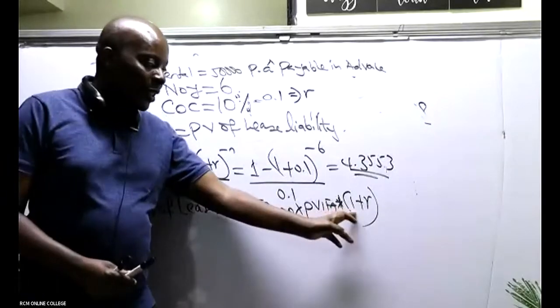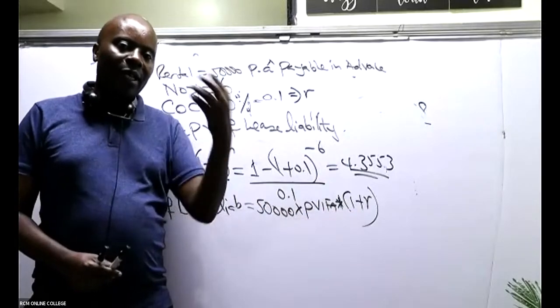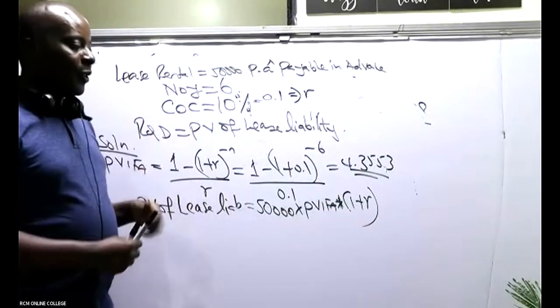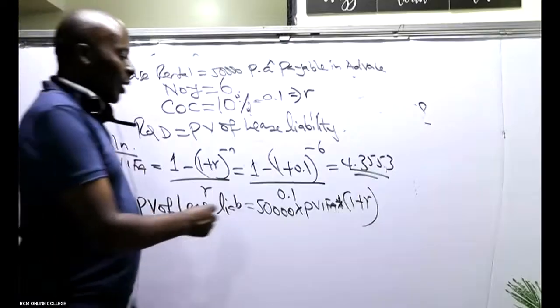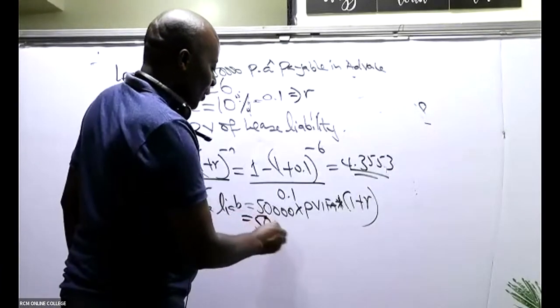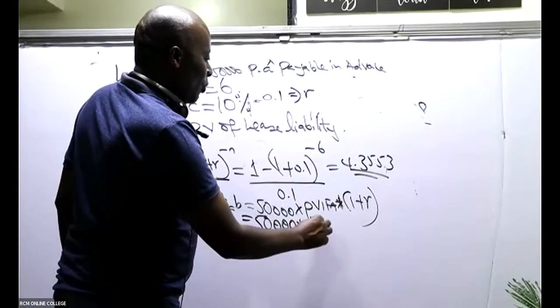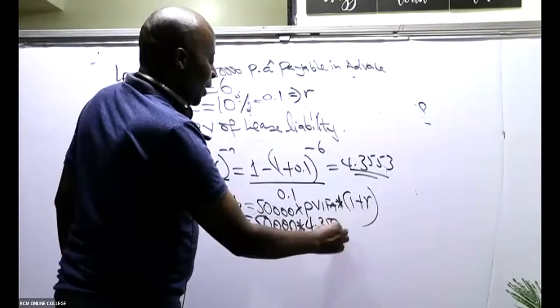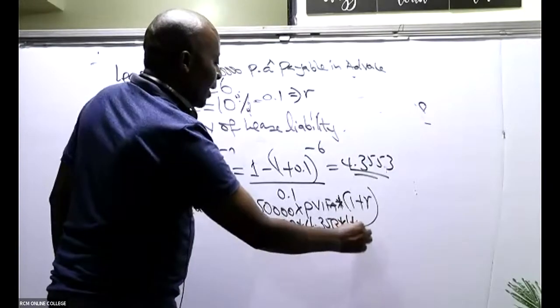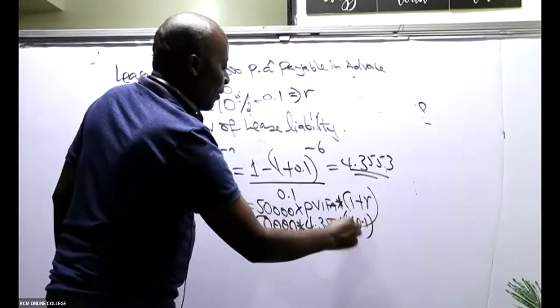You should always add this 1 plus R, to take care of that term which comes up front. So this will be 50,000 times our PVFA of 4.3553 times 1 plus 0.1.